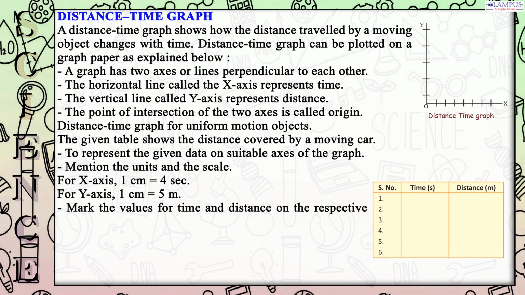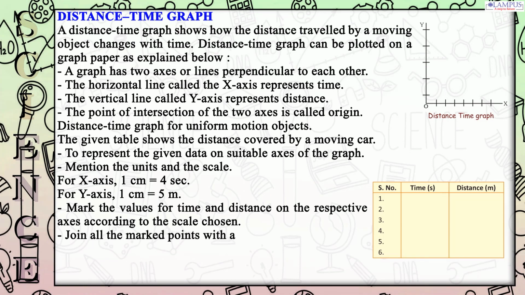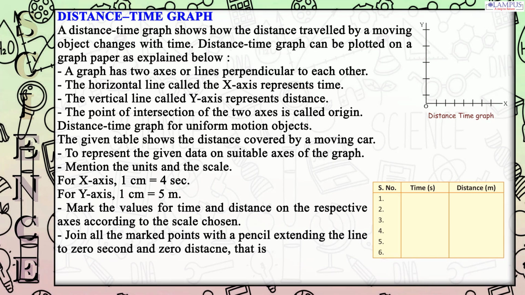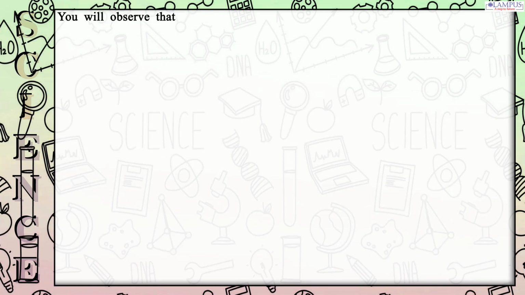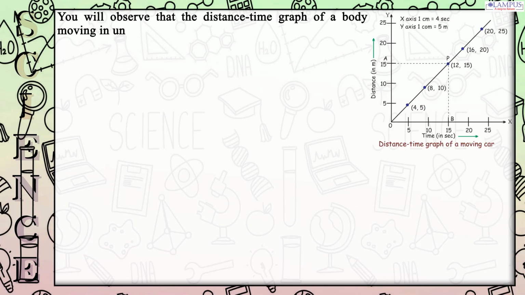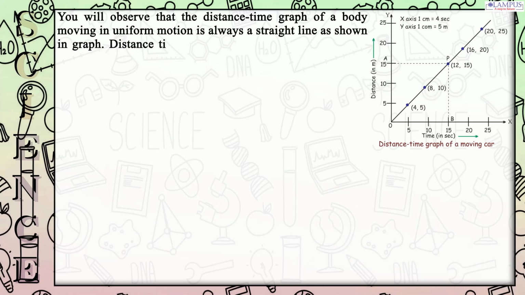Mark the values for time and distance on the respective axes according to the scale chosen. Join all the marked points with a pencil, extending the line to 0 second and 0 distance, that is point O. You will observe that the distance-time graph of a body moving in uniform motion is always a straight line, as shown in graph. Distance-time graph for uniform motion of a car.